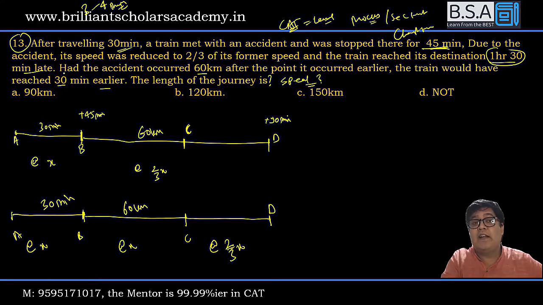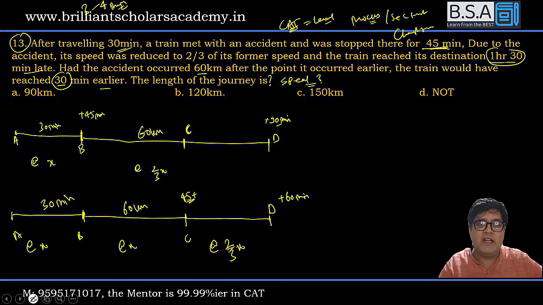Now the train reached 30 minutes earlier. As compared to 90, you are arriving early. So you are taking 60 minutes delay. Still there is delay. As compared to 90 minutes, you are arriving early by 30 minutes. Now, there's the same assumption that the train stopped 45 minutes for repair. So I want you to focus on the journey delay, not the stoppage.